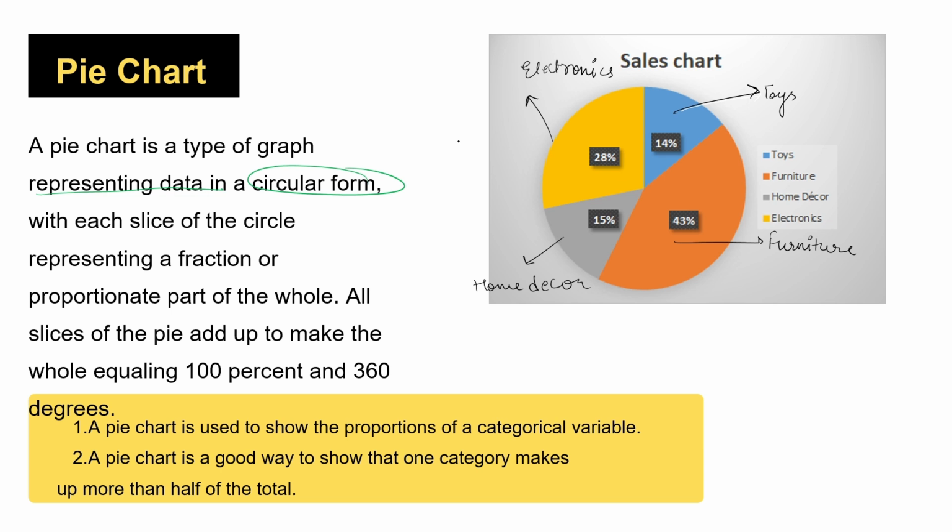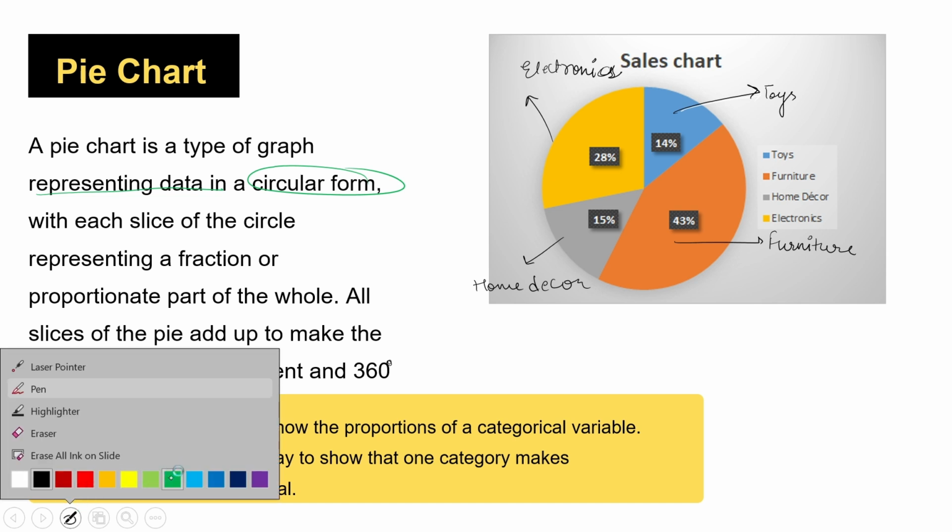So this is the representation of the slices of the circle. All slices of the pie add up to make the whole, equaling 100% and 360 degrees.